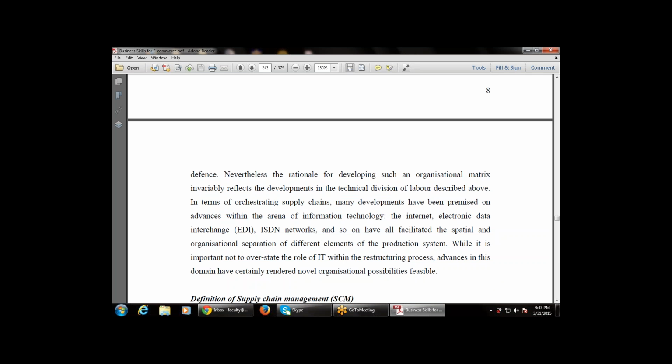While it is important not to overstate the role of IT within the restructuring process, advances in this domain have certainly rendered novel organizational possibilities feasible. So this paragraph says that for creating the supply chain, there is also a demand for internet-based concepts like the internet, IT, EDI, ISDN network, and so on.